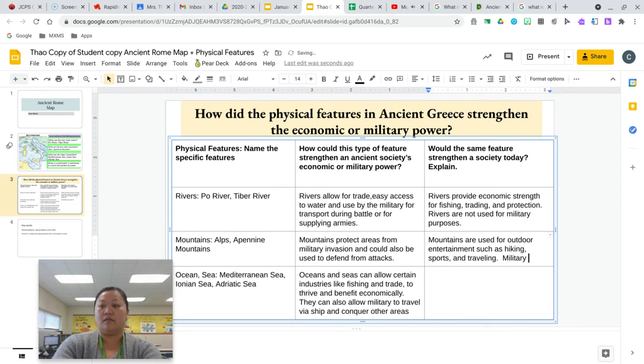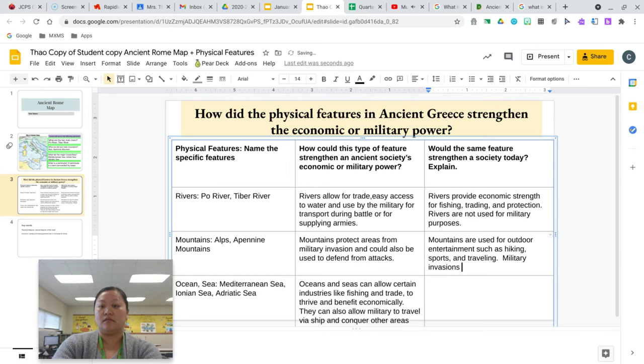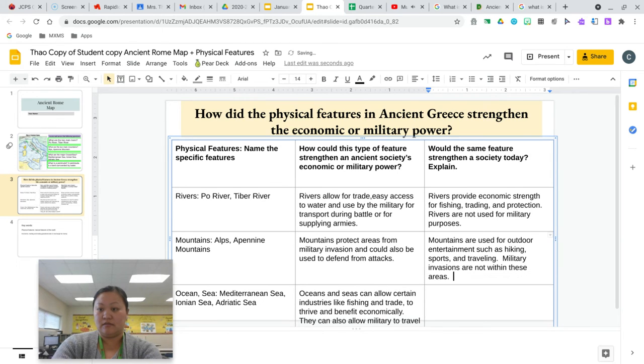Military invasions are not known within these areas. All right.